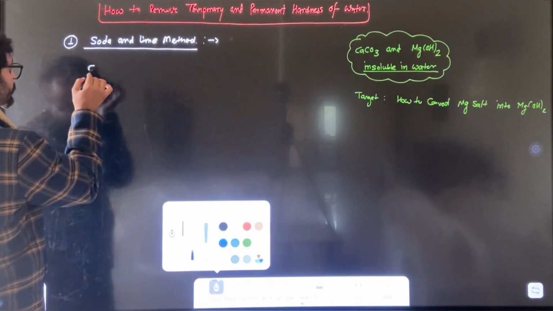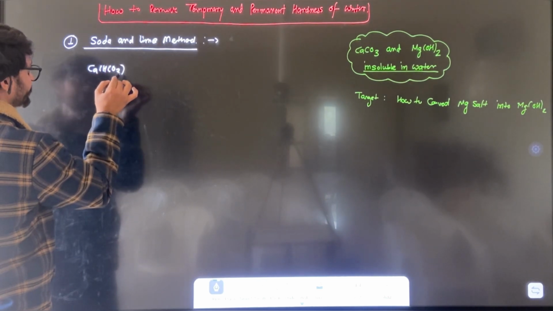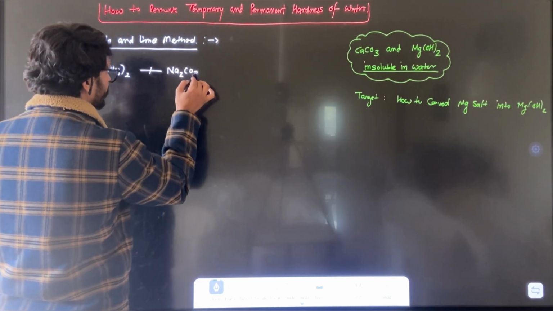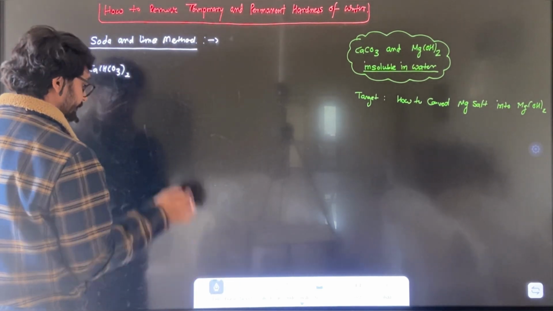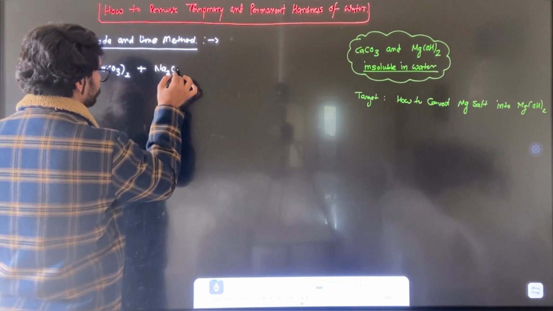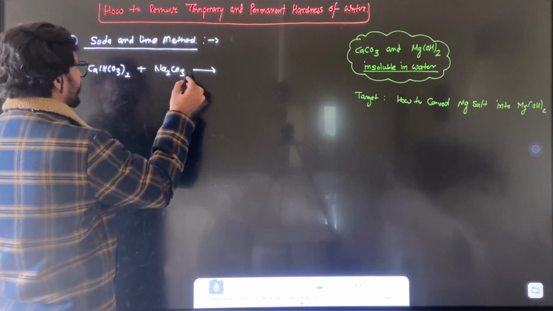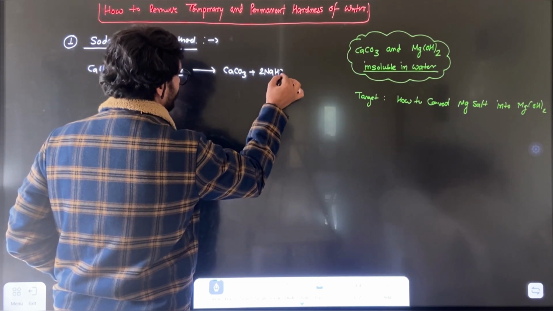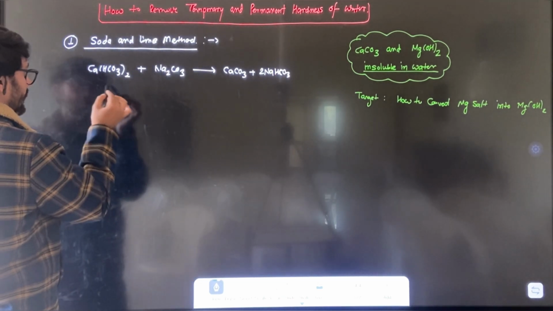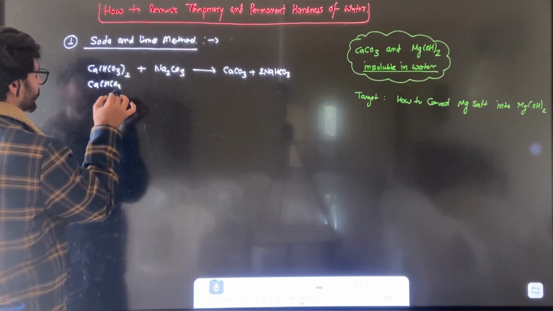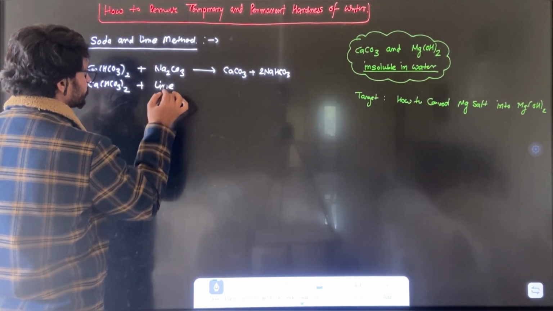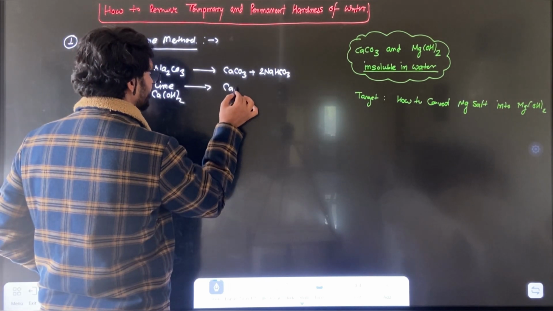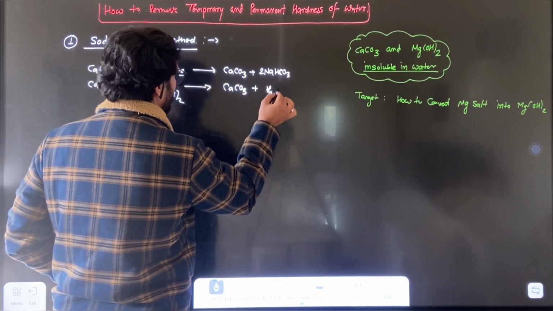If we talk about calcium bicarbonate reacting with soda, we get calcium carbonate and 2 moles of sodium bicarbonate. Similarly, calcium bicarbonate reacting with lime, calcium hydroxide, forms calcium carbonate and some amount of water.